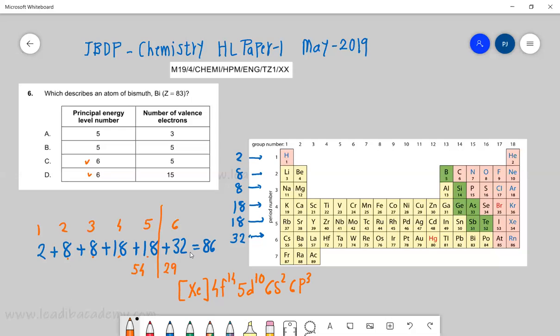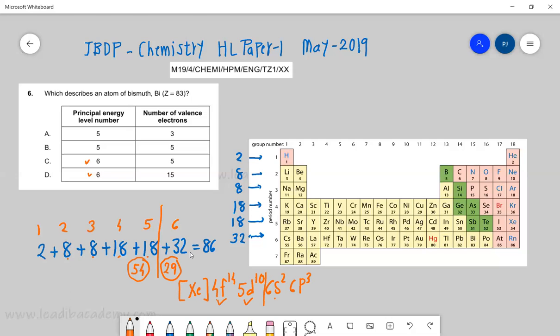Up to the fifth period, we have filled up 54 electrons. Additional 29 electrons need to be filled up. First we fill up 4f, followed by 5d, and then the sixth shell, that is 6s2 and 6p3.